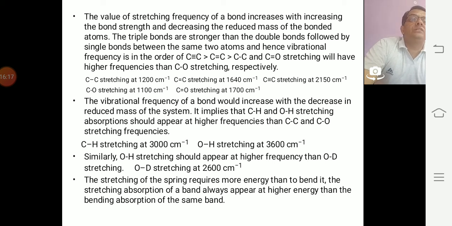Similarly, OH stretching should appear at higher frequency than OD stretching; OH is around 3600 per centimeter, but OD stretching is around 2600 per centimeter. Stretching of a spring requires more energy than bending it. The stretching absorption of a bond always appears at higher energy than the bending absorption of the same bond.